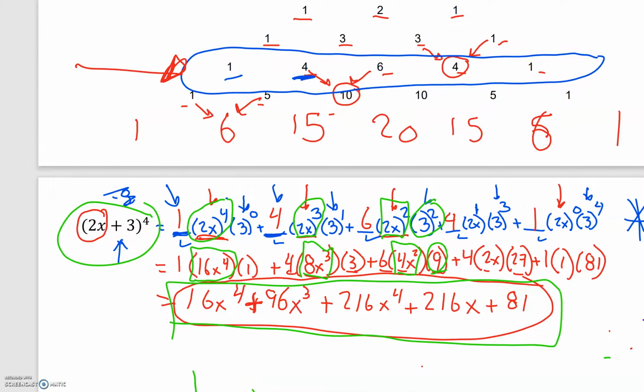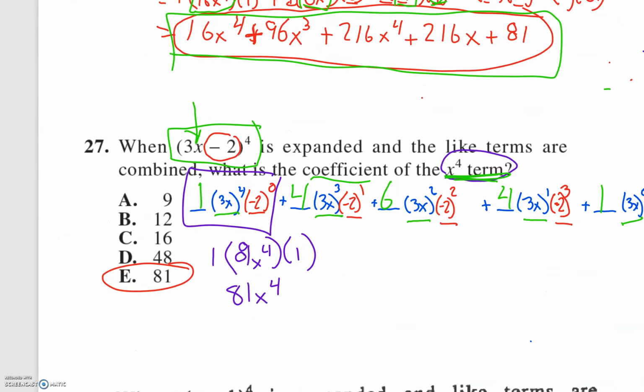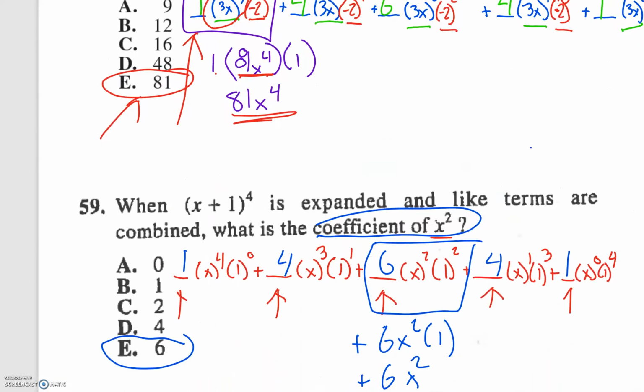So you want to definitely have that written down so you can reference it. And the question said, what's the coefficient for the x to the 4th term? Well, I think this is a term with x to the 4th. So if I simplify this, what is 3x to the 4th power? It's 81x to the 4th. 1 times 81 times 1 is 81x to the 4th, so the coefficient is 81.